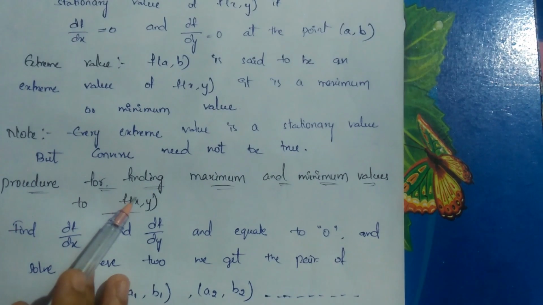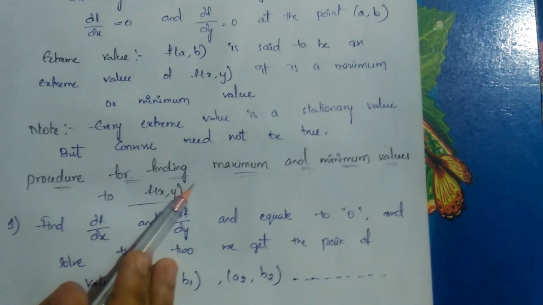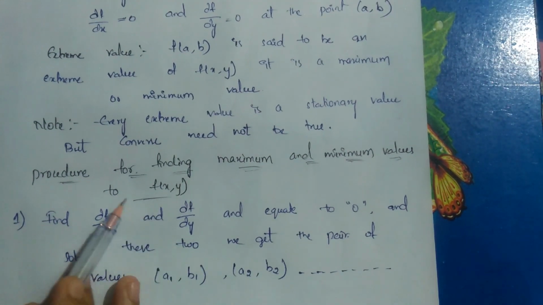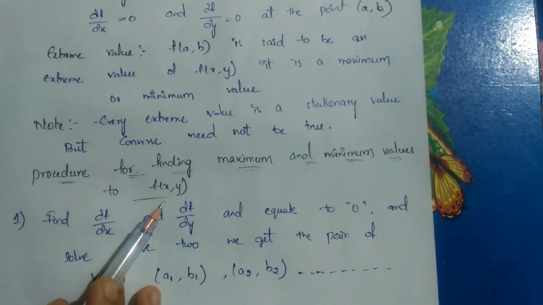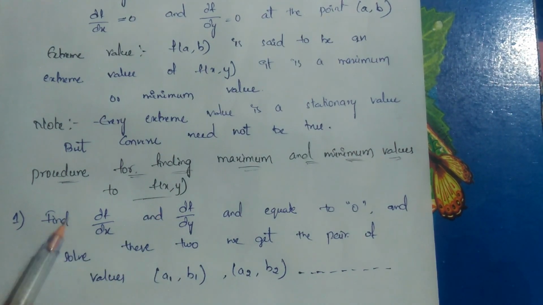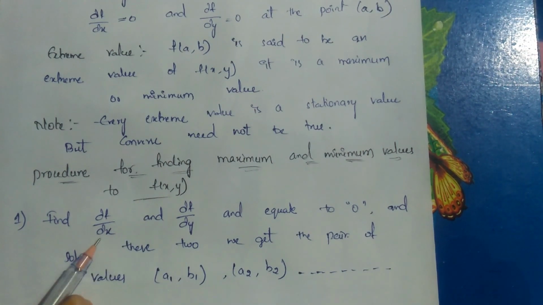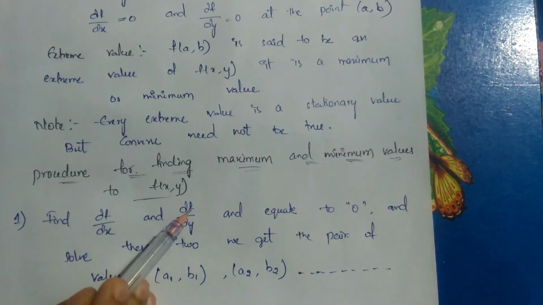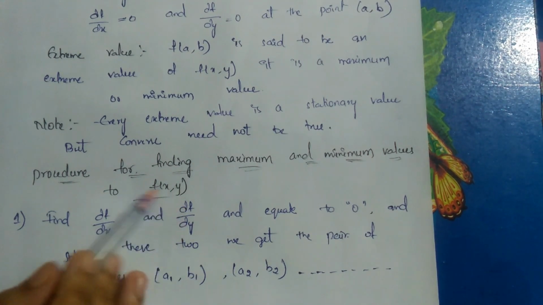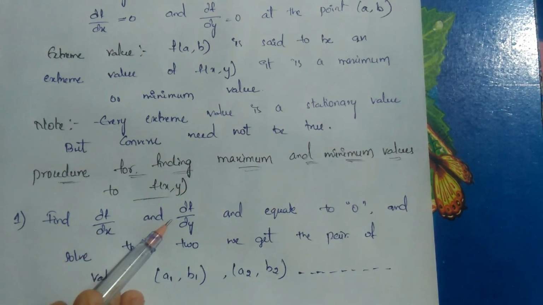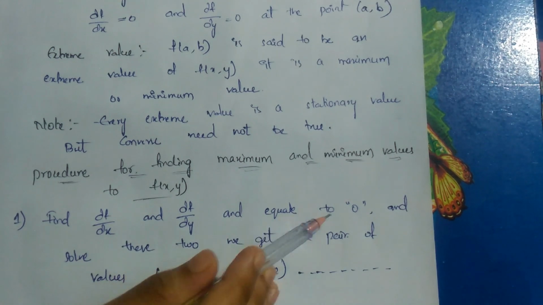And here we see the procedure of finding maximum and minimum values of the given function f of x comma y. So at first we find dou f by dou x. It means we differentiate the given function with respect to x, and we also find dou f by dou y. It means we also differentiate the function with respect to y, and we equate them to 0.